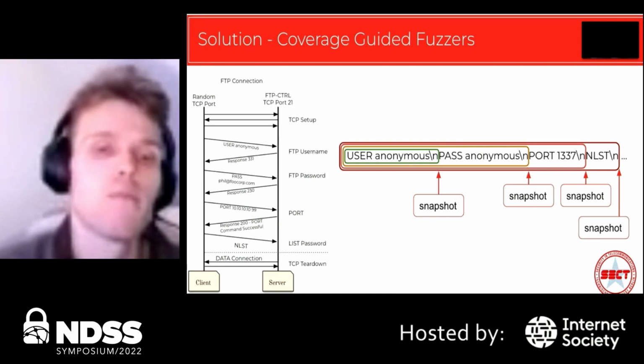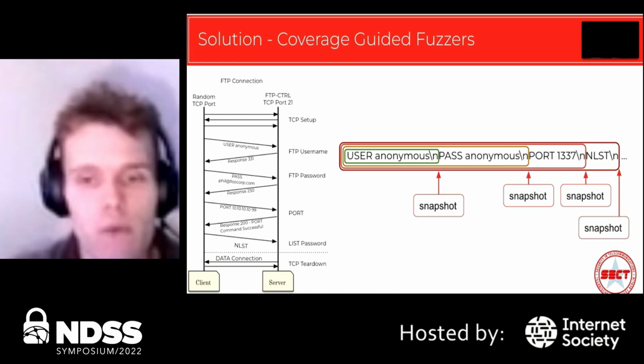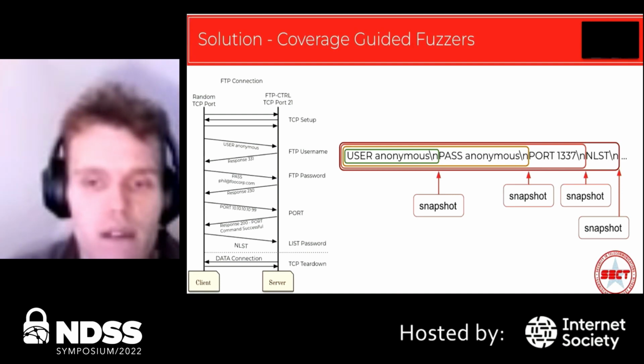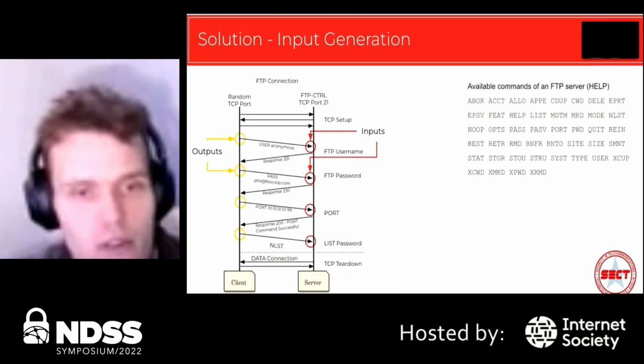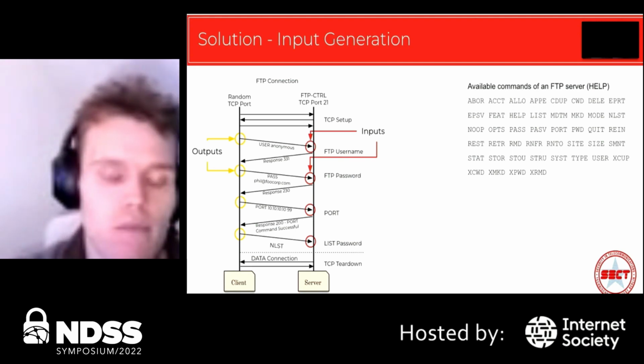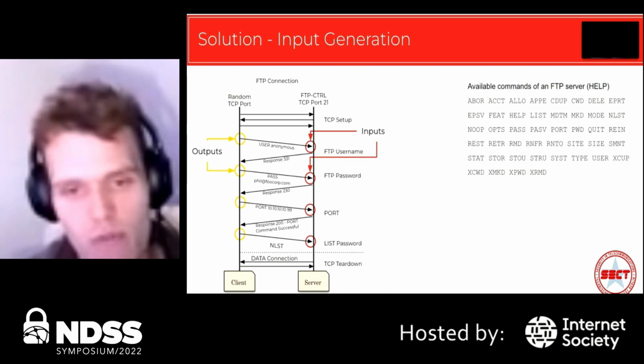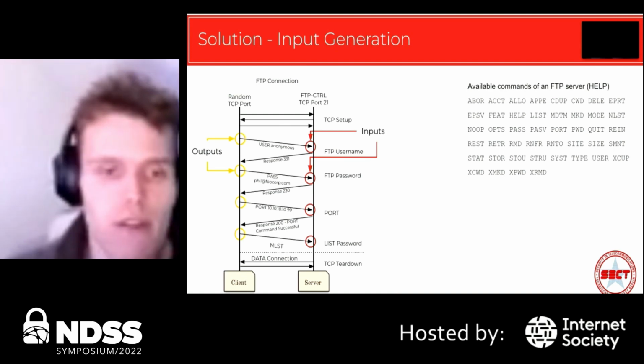And then the second problem that we had was the input generation. The solution that we propose here is essentially in the name of the tool, the in the middle part.